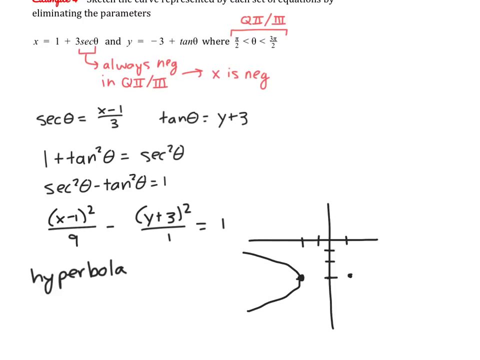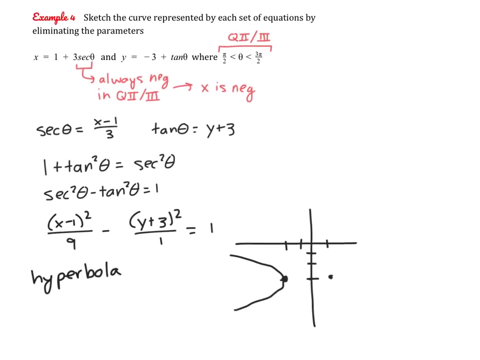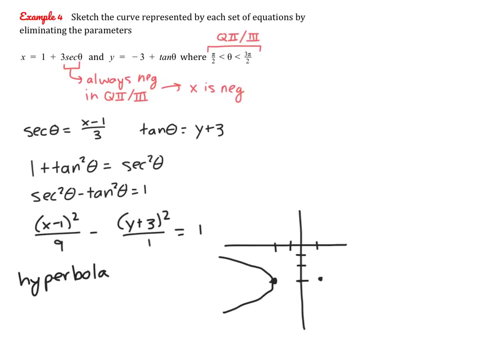So now all we have to do is figure out, what is the orientation of our graph? Is our object moving like this, or is our object moving like this? And so we're going to need to test some values for theta. However, we want to make sure we're plugging it into the correct equation. In this case, it's not going to be very useful for us to substitute into our x, because for each x value, there are 2 y values, so we don't know which one.